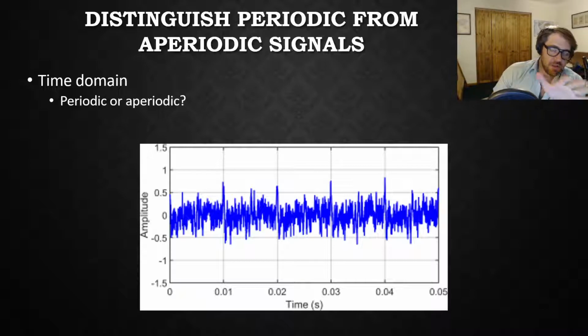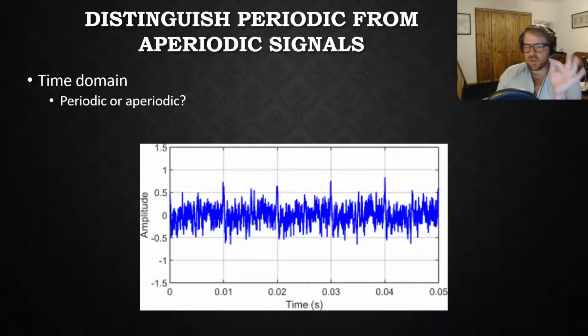This is a tricky one, because if you're just looking at your peaks, you might think that this repeats. At 0.01, at 0.02, at 0.03, we've got a large peak. But look at the nadir. Those don't repeat. And look at the general shape. That doesn't repeat either. This is aperiodic.